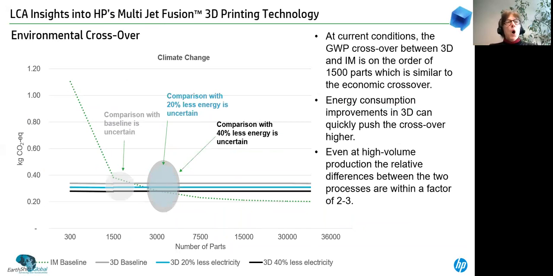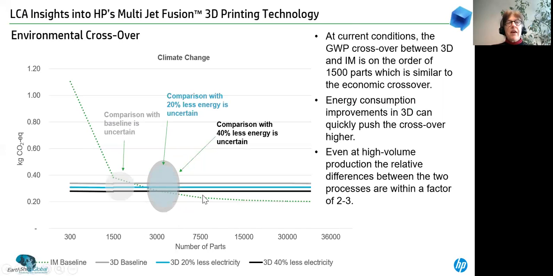So the explorative conditions that we looked at, we also looked at the social here, so we'll get into that. The first thing we did was look at how many parts we could make before injection molding became the preferred technology. You'll see here in the dotted line, that is the injection molding impacts. In injection molding, we have to make a mold, and until you've got that mold amortized across enough products, it's dominating these impacts.